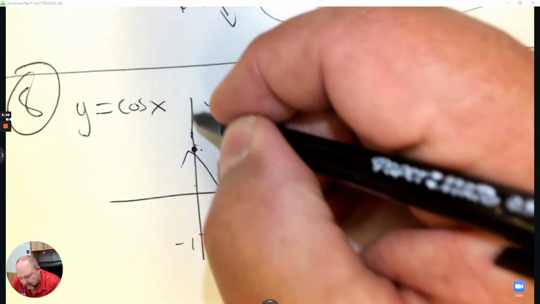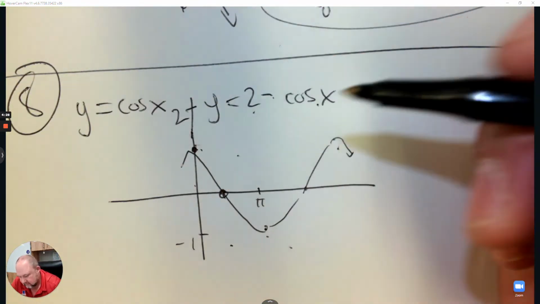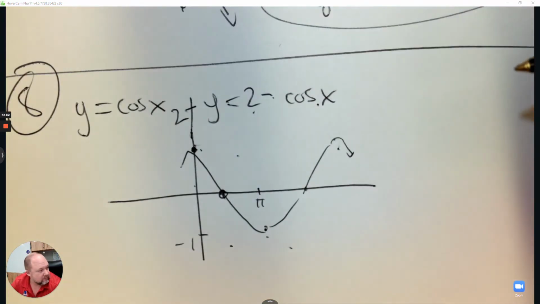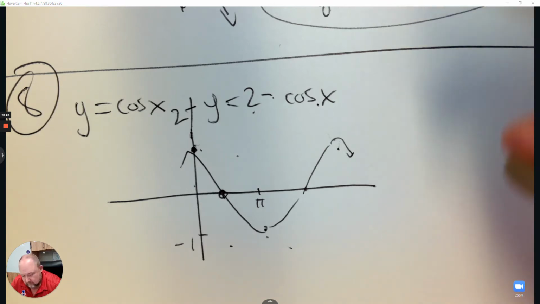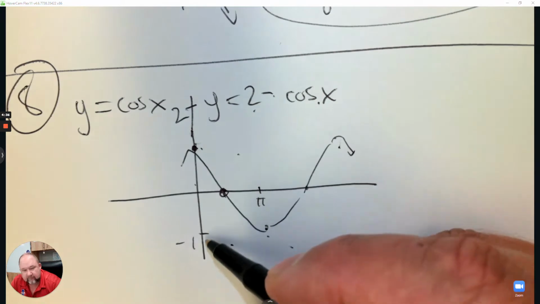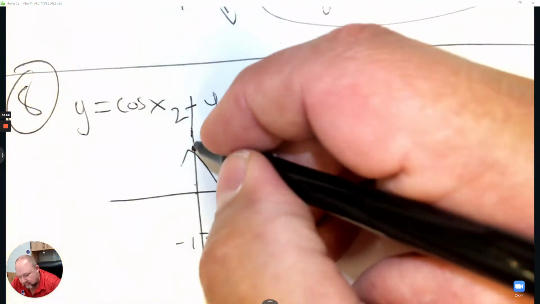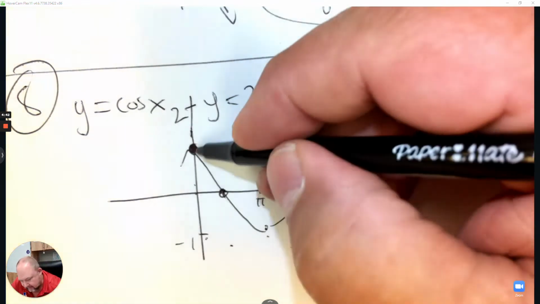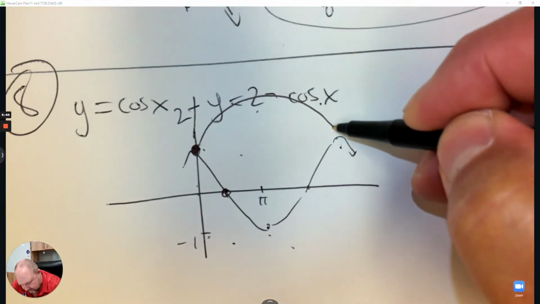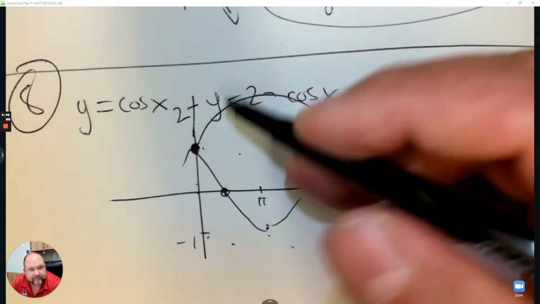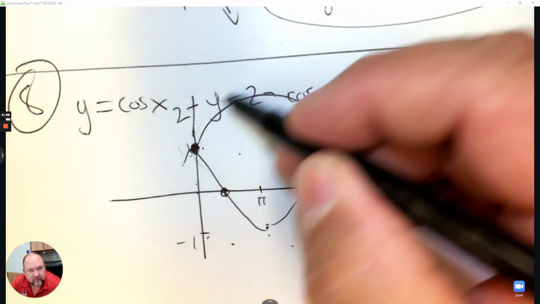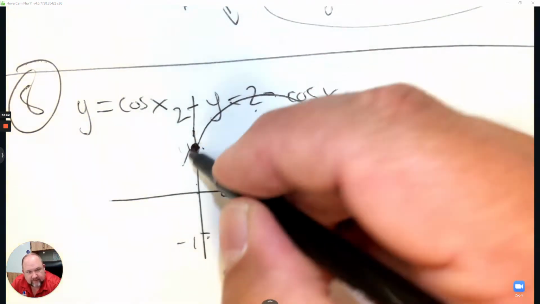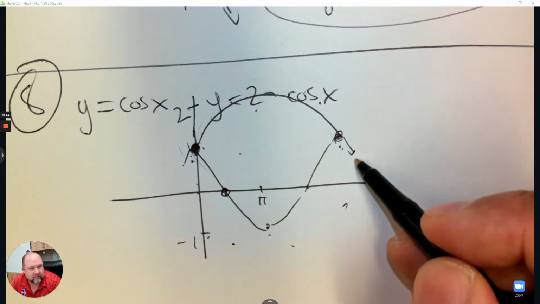So if it shifted up 2, it would go 1, 2. It would share this point. And then it would have this kind of look to it. So instead of this, it does the reflection and does the same thing. So you can see it goes from 0 to 2 pi.